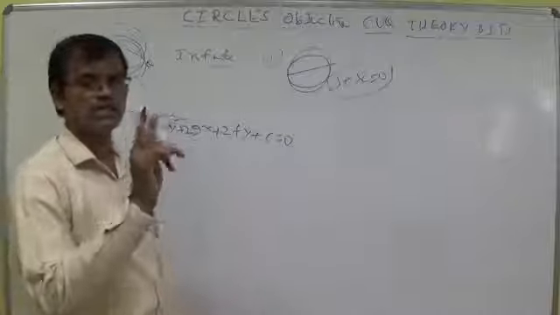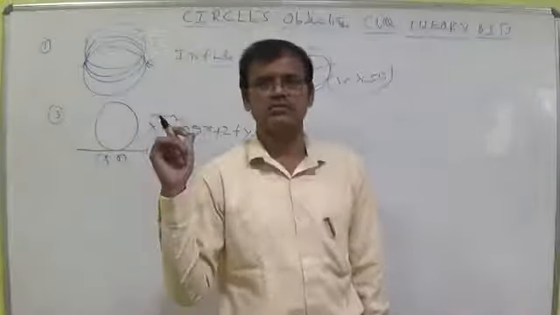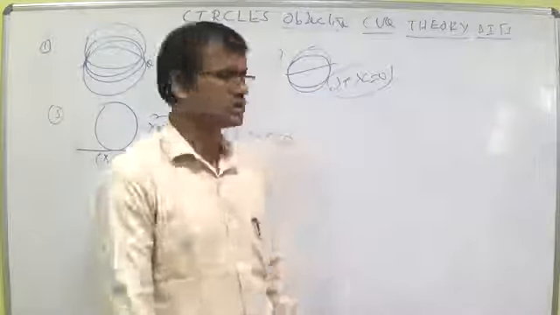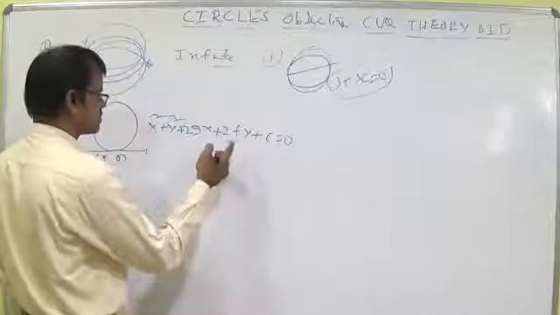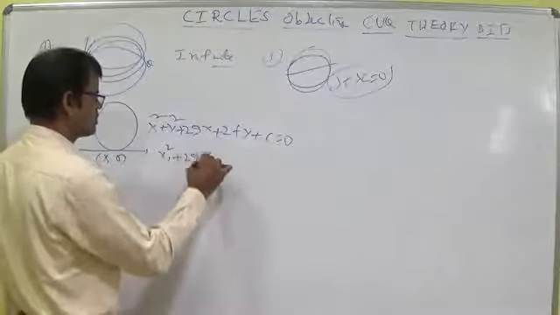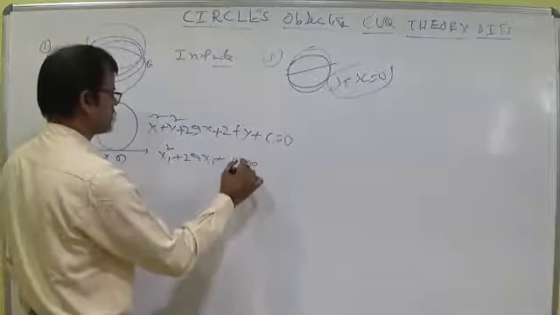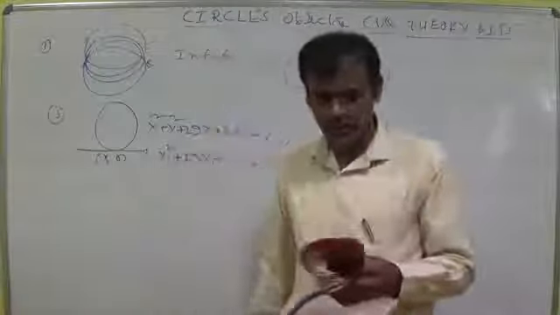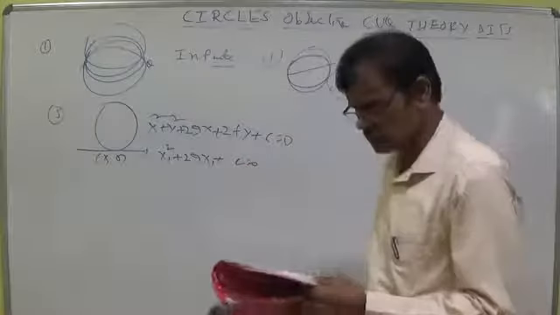Whatever conditions I said in IPE, I did not discuss in objective. Apart from IPE, what is needed for objective, that concept only we have discussed. You can write x1 square plus 2gx1 plus c equal to 0, because simply put the value (x1, 0). The locus here is written as first option, x square plus 2gx plus c equal to 0.